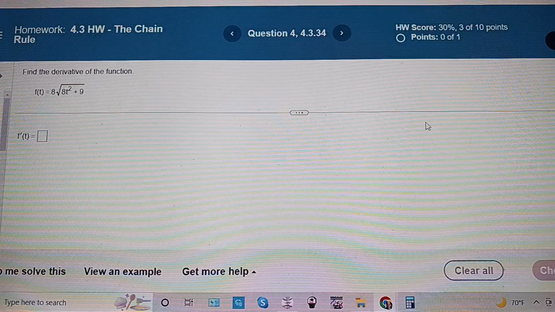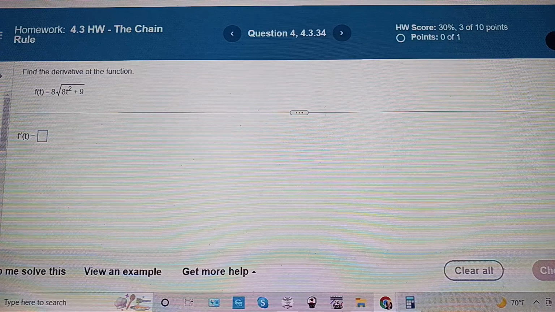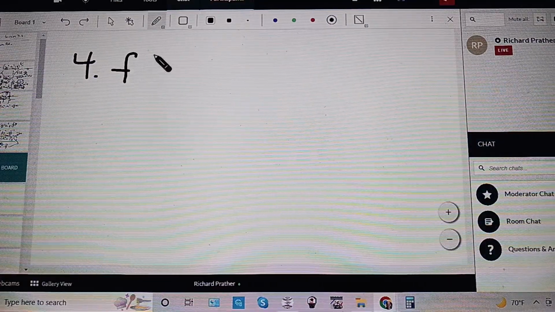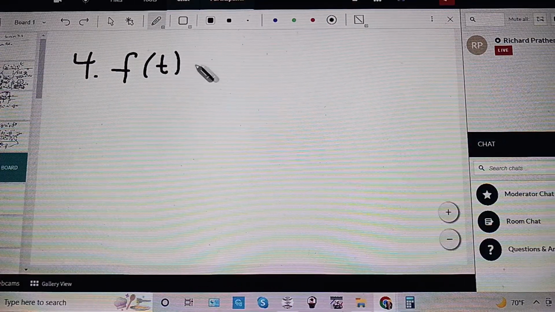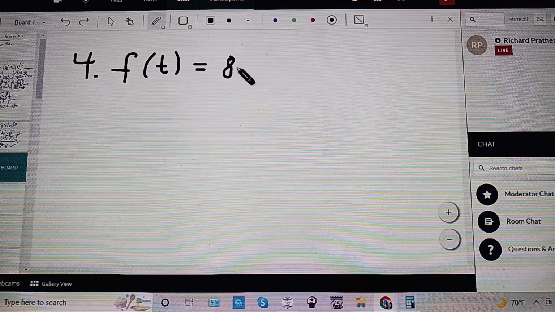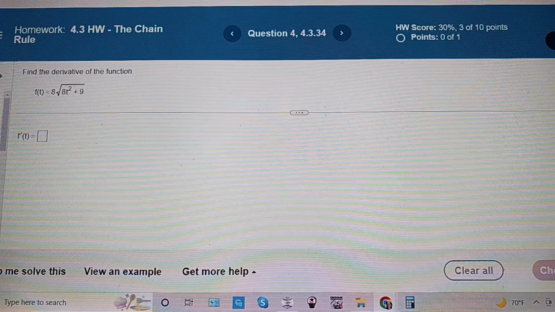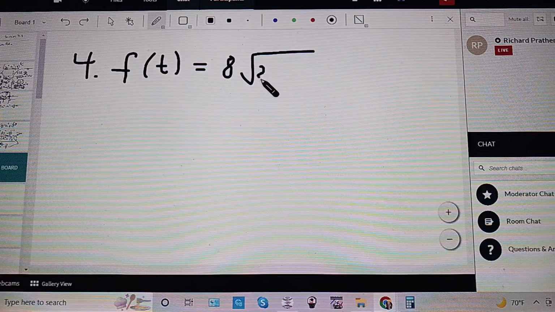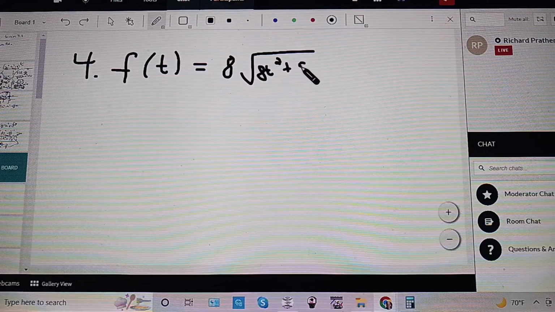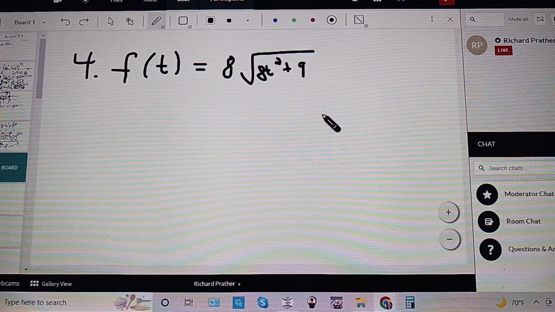And they call it f of t, and then they want f prime of t for the answer. So f of t is 8 square root of 8t squared plus 9. So we generally like negative exponents.